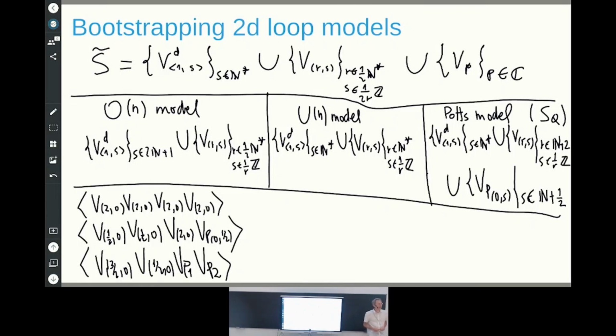Say just a couple of words of why do we know that this is the spectrum of these models? Where does that come from? So originally it comes from modular invariance of partition functions, which were computed already in the 80s. Sorry, but modular invariance, of course, is a very general property. How do we know that one is the ON, one is the UN, one is the Potts?